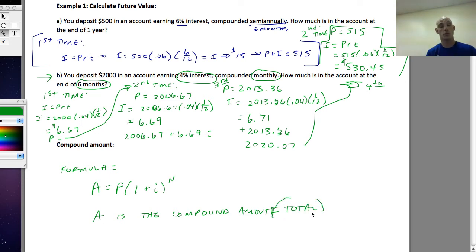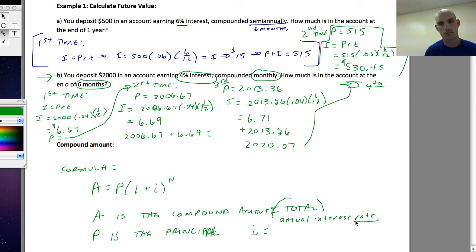That equals the total. That's the compound amount. And P is the principal. I is a little bit different. I is actually the annual interest rate over the number of compounds.